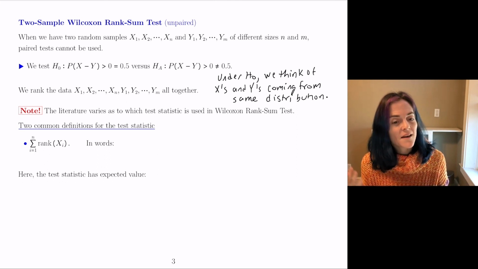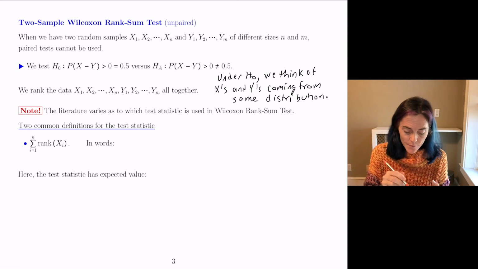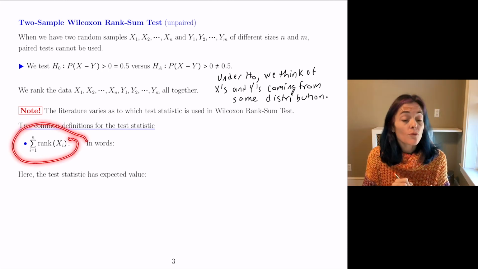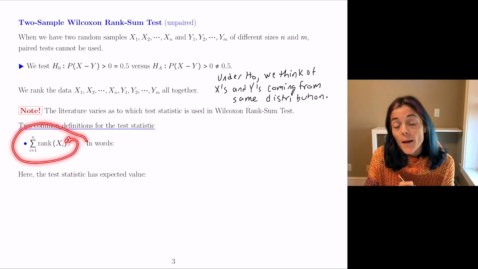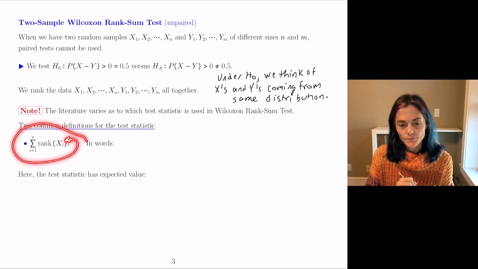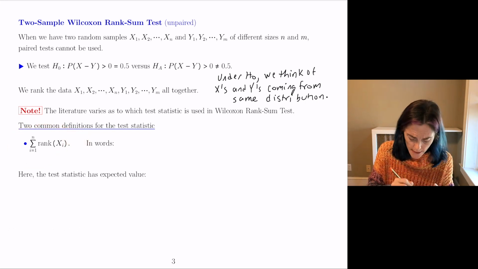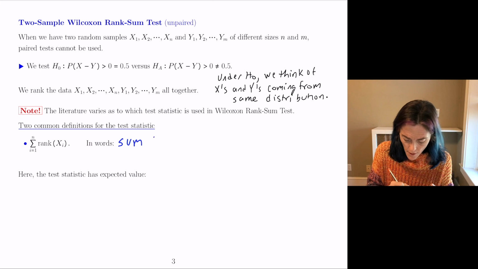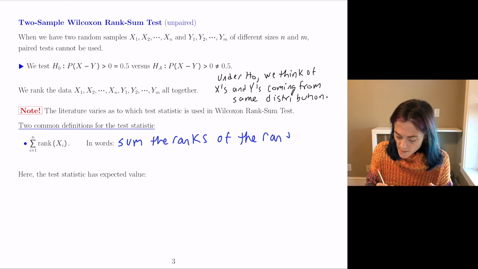So one of the definitions would be you just add up all the ranks that come from the x's. In words, we sum the ranks of the random sample x1 to xn.